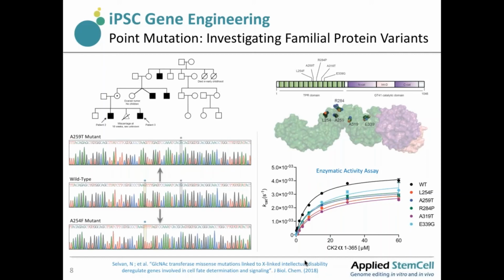We start from a wild type cell line, and then made a point mutation to the specific mutation state that corresponds to what happened in patients. And then when we did an enzymatic activity assay, we see a difference in enzyme activity compared to the wild type iPS cell line.